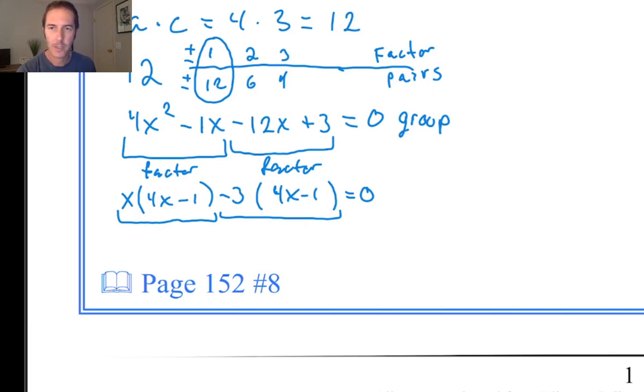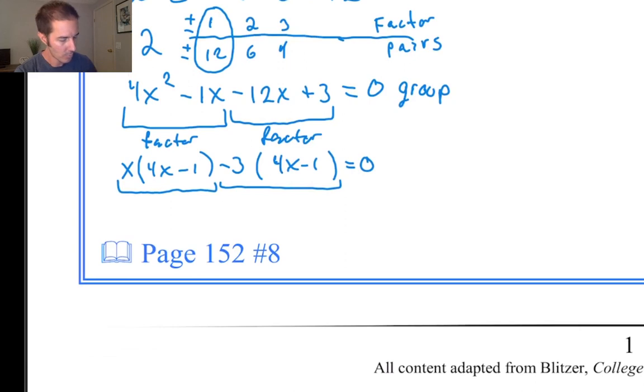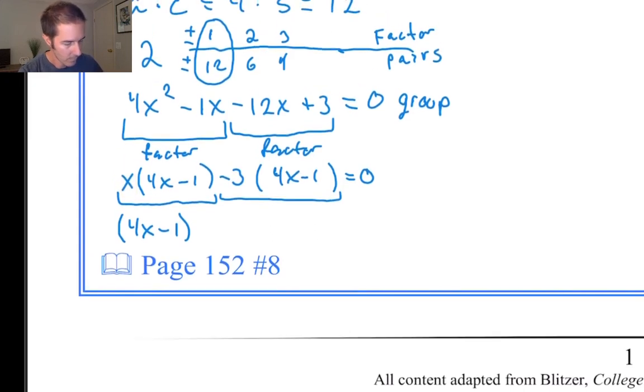These two terms contain a common factor, and it's the stuff in parentheses. So I usually write my common factor first, the thing that I'm factoring out, and then I'm going to write the leftovers, as I call them, in the second set of parentheses. In this case, that's going to be the x and the minus 3. And we have factored our original quadratic equation that was equal to 0.